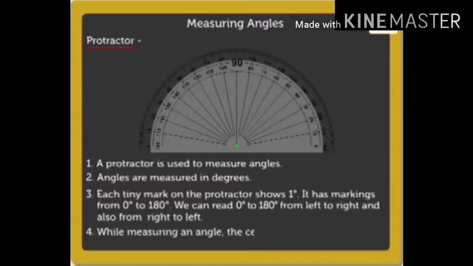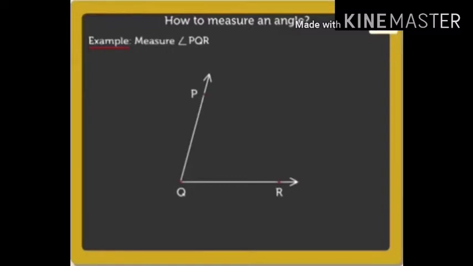While measuring an angle, the central point is placed on the vertex of the angle. Now let us see how to measure angles. Measure angle PQR. To measure an angle, we need to follow 5 steps.